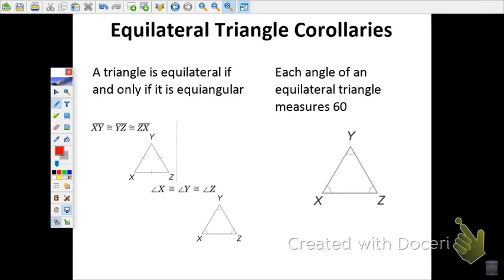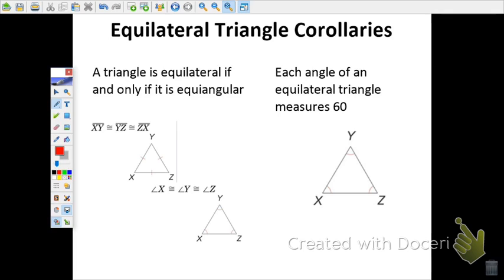Equilateral triangle, we have 2 corollaries. They're on the next page in your interactive notebook, which again is kind of applying what we learned about the isosceles triangles, because an equilateral triangle is a special kind of isosceles triangle, because it does have 2 or more sides congruent. All 3 sides are congruent in the equilateral triangle.